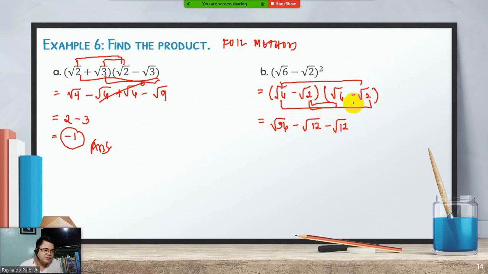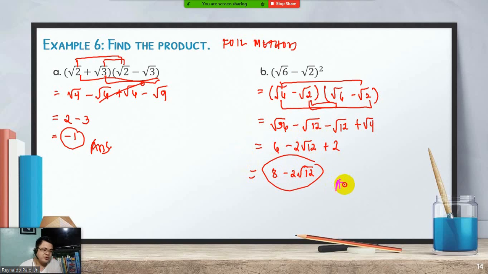Last terms, negative square root of 2 times negative square root of 2 is positive square root of 4. Then simplify, square root of 36 is 6. Negative square root of 12 minus square root of 12 is negative 2 square root of 12. Then square root of 4 is 2. We can only combine 6 and 2 here. So 6 plus 2 is 8, negative 2 square root of 12. So this will serve as your final answer. That's how you're going to multiply radicals.